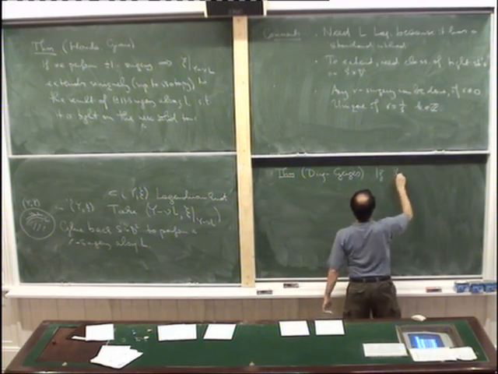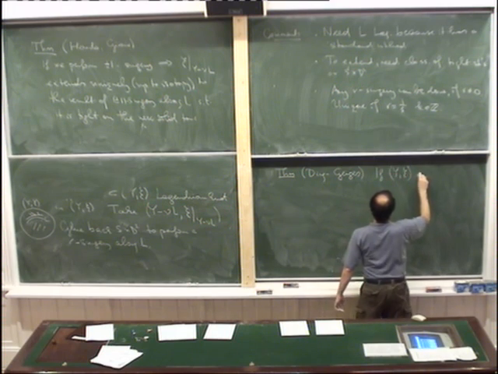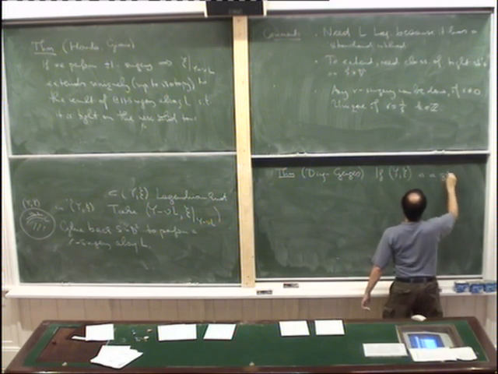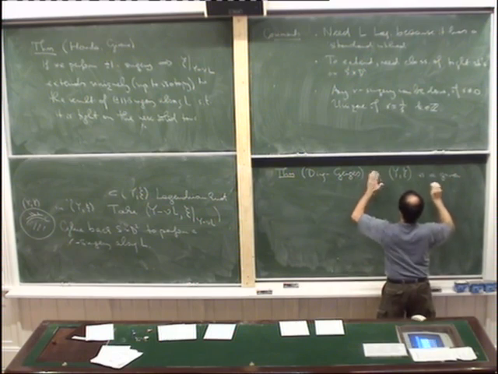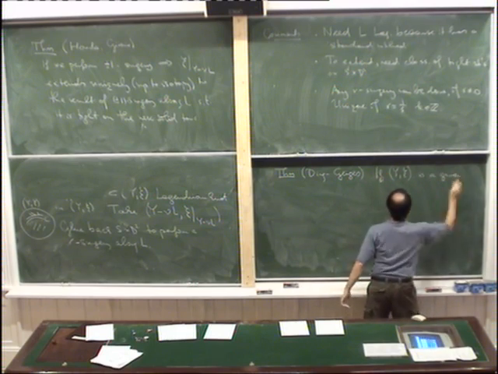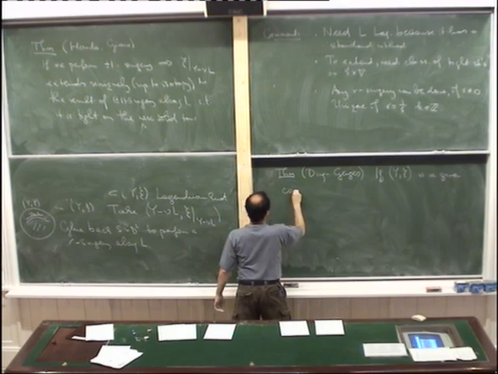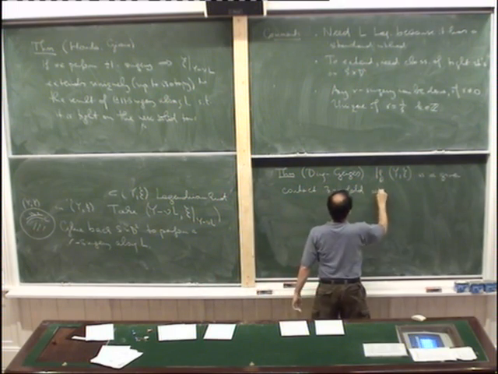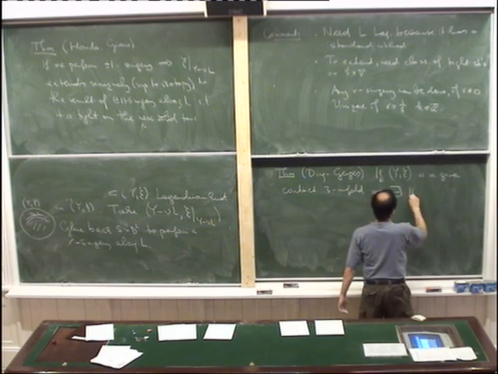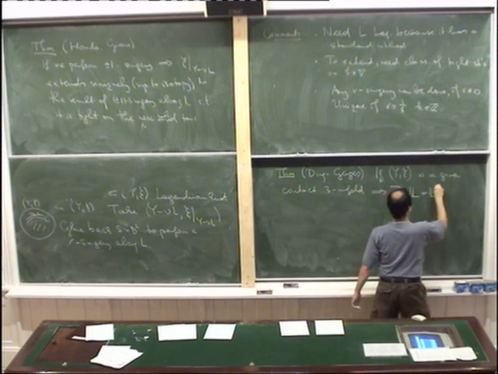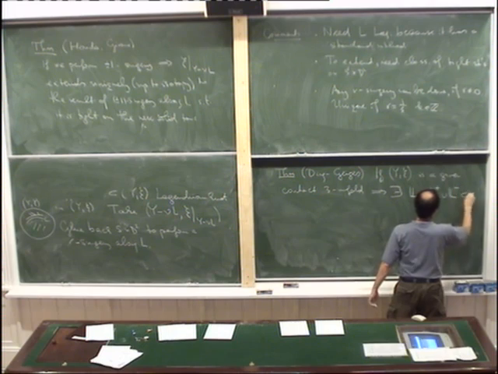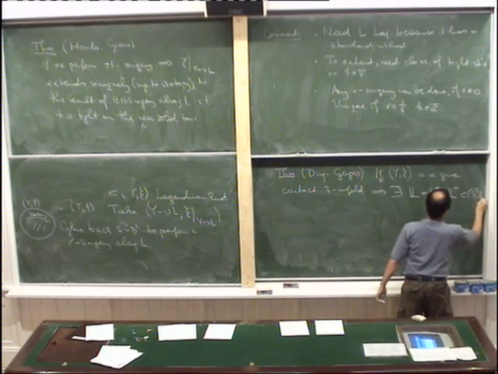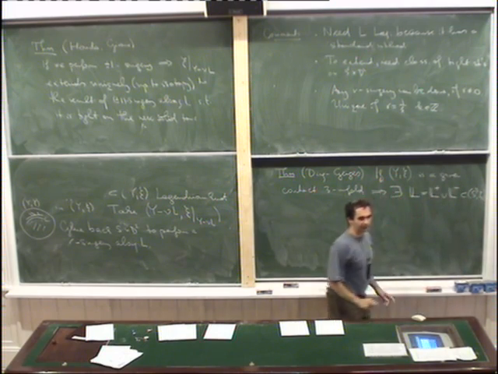If (Y, ξ) is a given contact 3-manifold, then there is a Legendrian link in S3, in the standard S3 sphere.